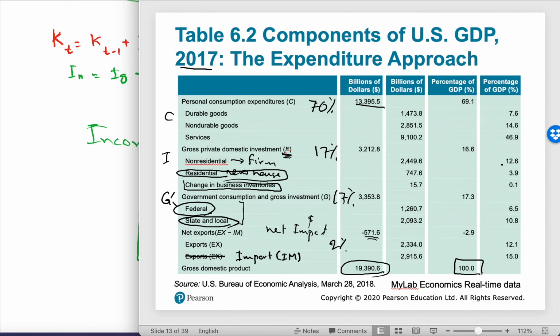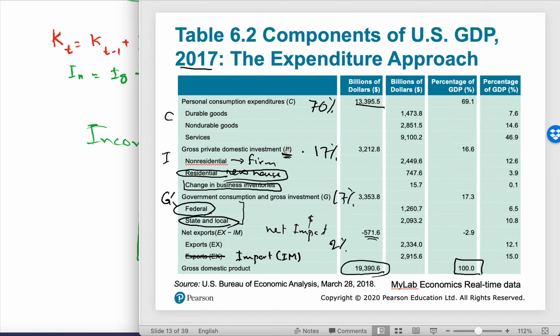You do it, and there's yet another percentage of how much of this is out of the total. So you divide this by that. So durable goods are about 7.6% of the total consumption expenditure, and this is larger.